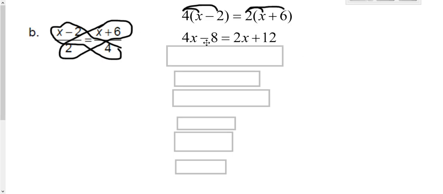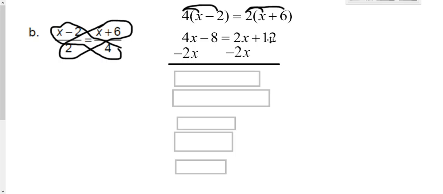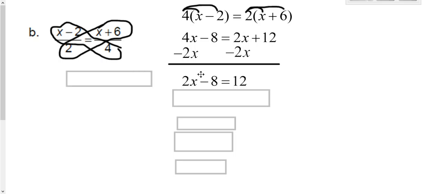Now again, we got x's on both sides. This time I'm going to get rid of the 2x. I usually get rid of the smaller ones. So minus 2x and minus 2x. These x's go away over here. We're just left with 12. Over here we got 4 minus 2x is 2x. Bring down the minus 8, and the only thing we got on this side is the 12.